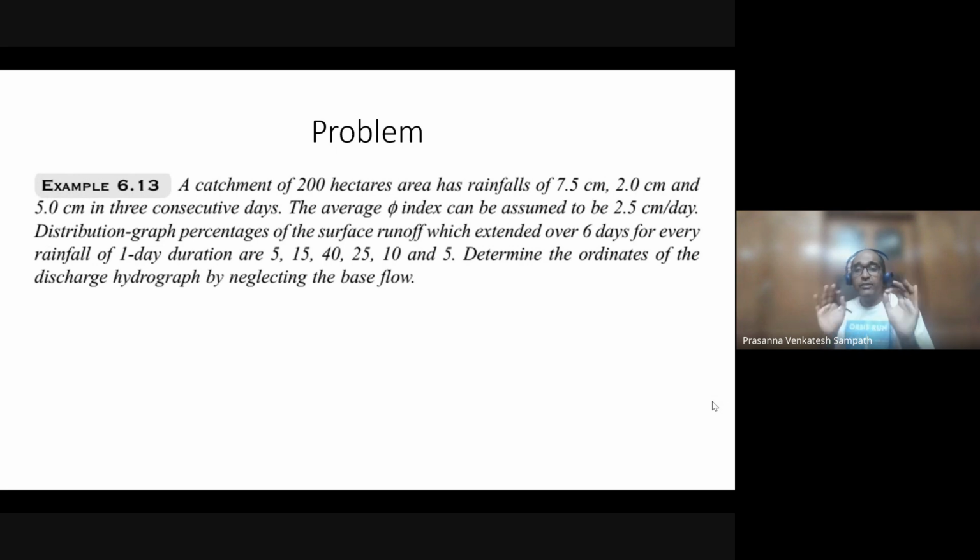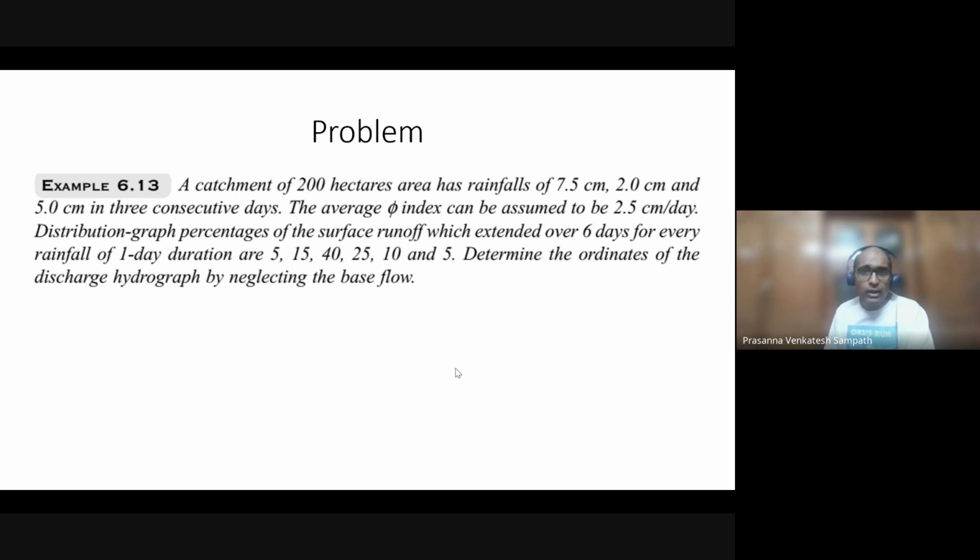Okay, so now we have established how much excess rainfall happens on each of these 3 successive days, given the total rainfall received on each day and the infiltration loss over those 3 days.